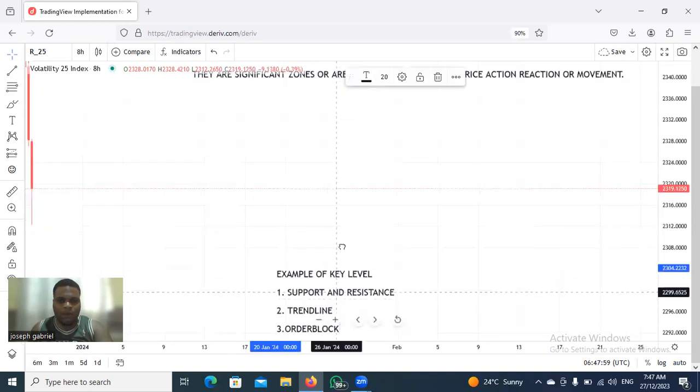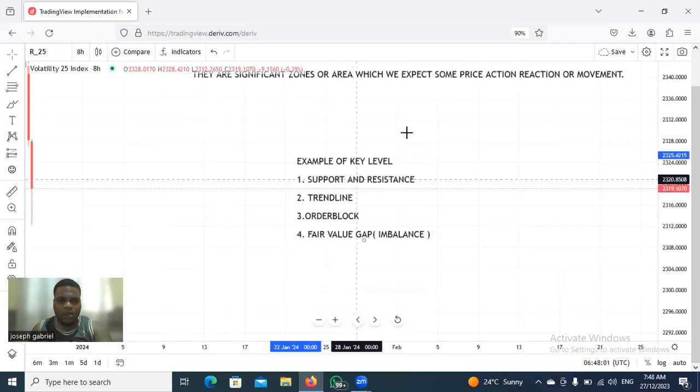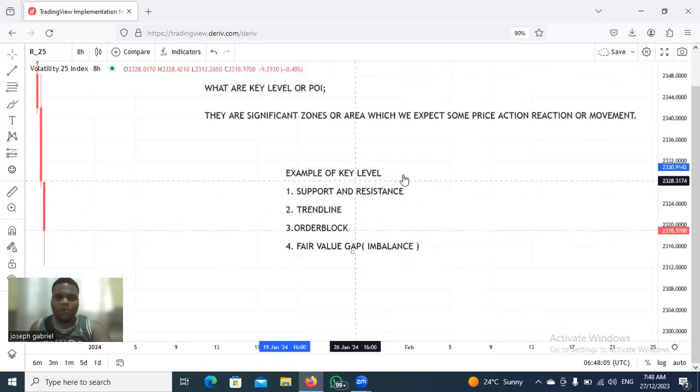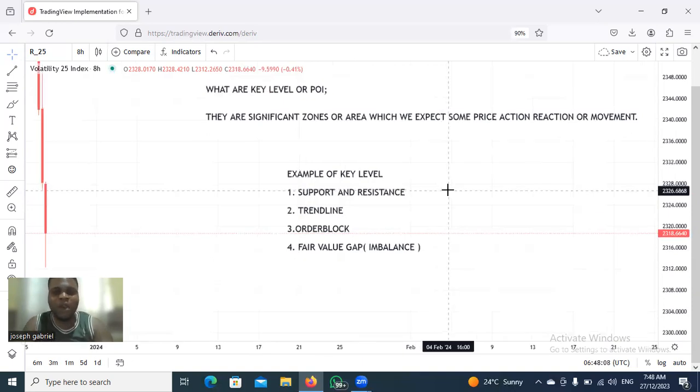These are the few examples of key levels, which mostly I trade, because I don't really trade so many. So these are the few I personally trade. These are my key levels I use in my trading.